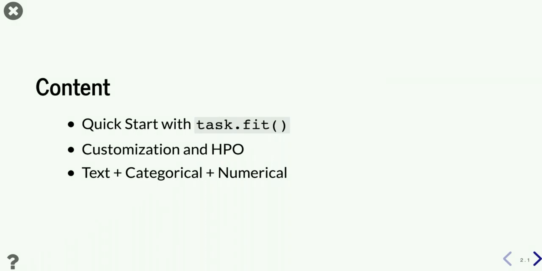In the second section, I will introduce how you may configure the search space of this text prediction task. Also, I will explore the usage of different hyperparameter optimization algorithms in AutoGluon. In the third section, I will investigate a setting in which you have a combination of text data, categorical data, and numerical data.